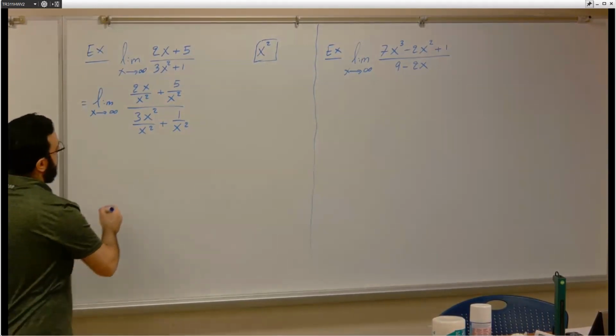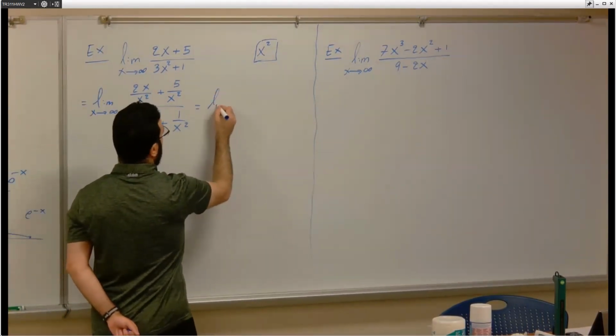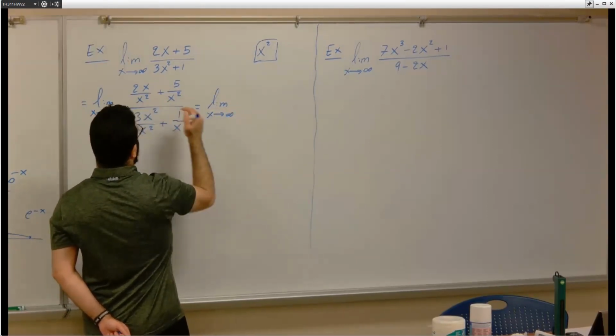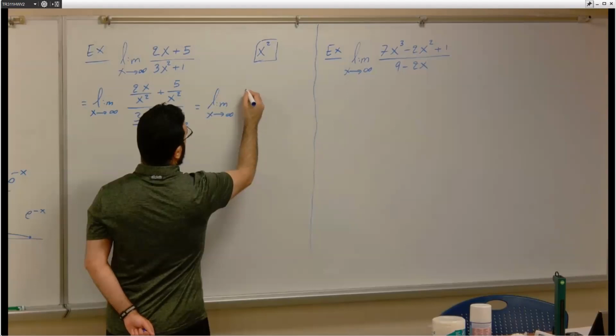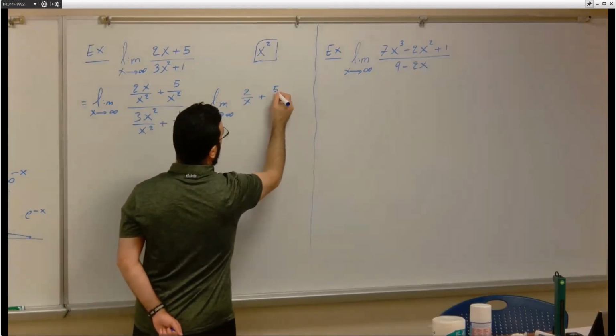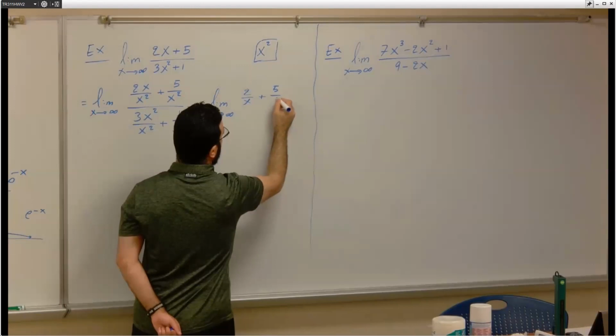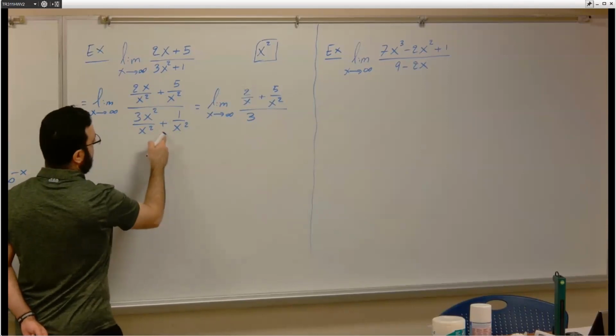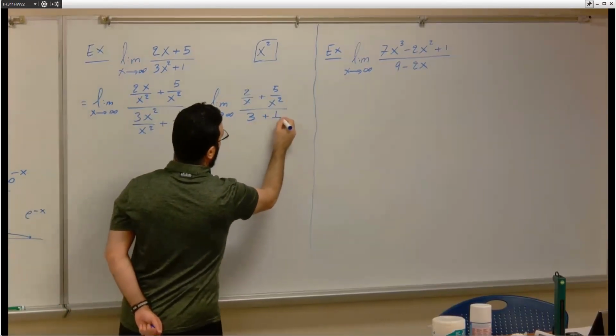Now, if you simplify it, this is the limit as x approaches infinity. This one is going to be 2 over x, this one is 5 over x squared, here is going to be 3 plus 1 over x squared.